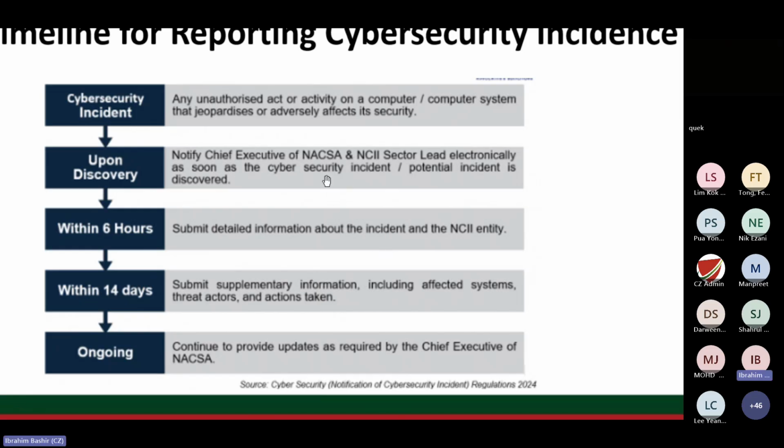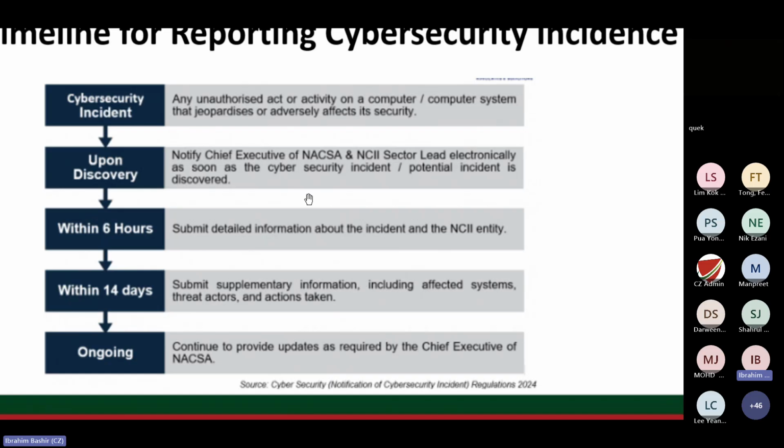Right. And one more thing to highlight is the NCII sector lead. It says we need to notify the CEO of NACSA and the NCII sector lead. Those NCII sector leads are actually the particular institution or body, the regulator for your specific industry, appointed to take care of that industry. For example, for financial institutions, the sector lead is going to be Bank Negara Malaysia.